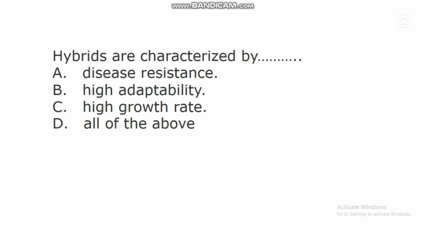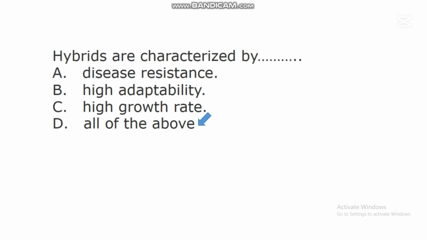The next question says, hybrids are characterized by dash. A. Disease resistance. B. High adaptability. C. High growth rates. D. All of the above. In this question, the correct answer is D. All of the above.